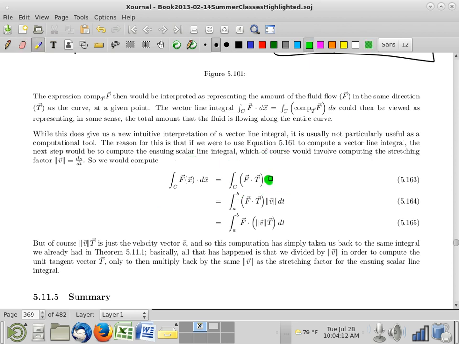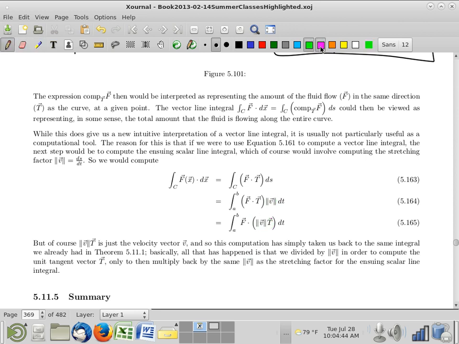Well, ds is the magnitude of v dt. So notice, effectively, you are then just computing the velocity vector. Same velocity vector you would have had to compute the other way. You're just computing it in different chunks.